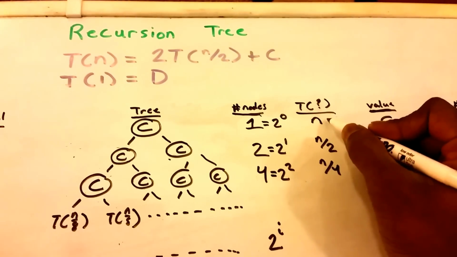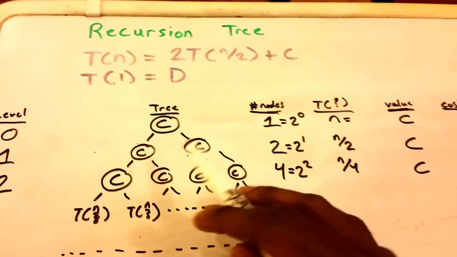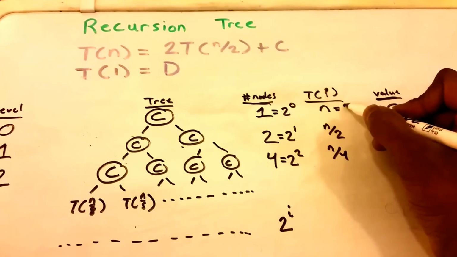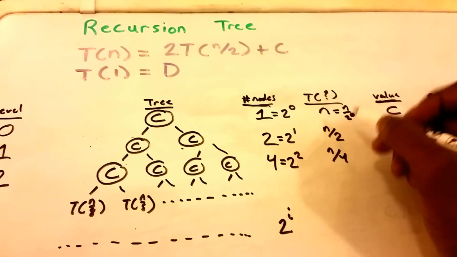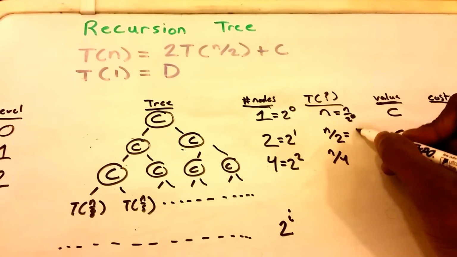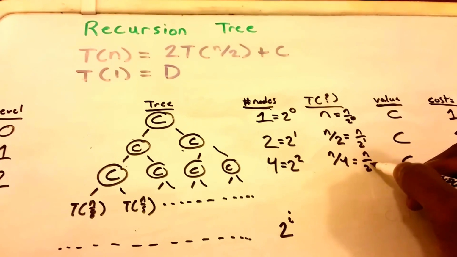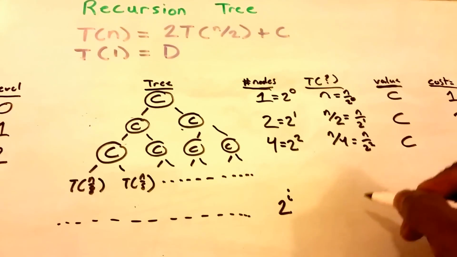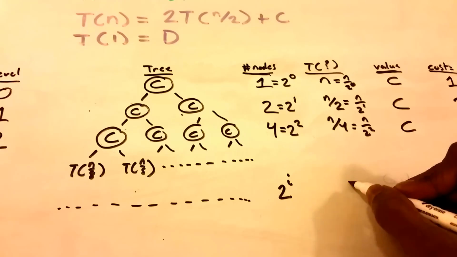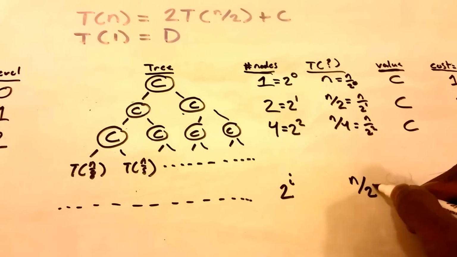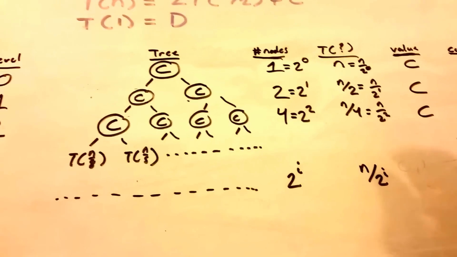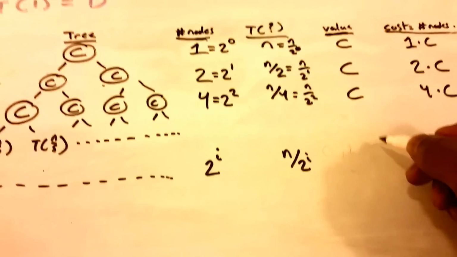Okay, so now what is our input value? Well, here we have to compare it with our level here to see if we can see a pattern. We can think of this as n divided by 2 to the power of 0. We can think of the next level as n divided by 2 to the power of 1, and the next as n divided by 2 to the power of 2. So our input would be n divided by 2 to the I. Okay, and our value hasn't changed.